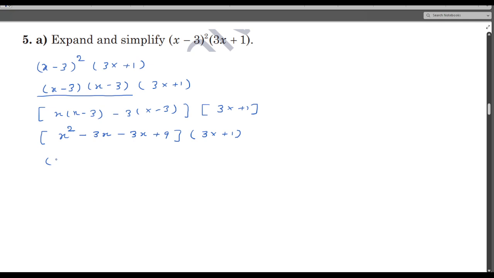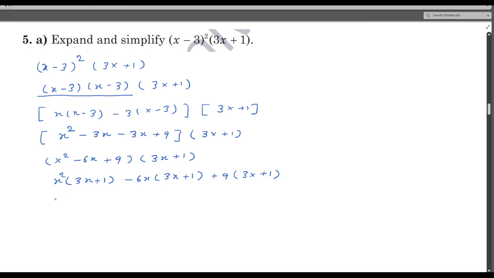So here it is x square minus 6x plus 9 times 3x plus 1. So this x square I will multiply by 3x plus 1, then this minus 6x will multiply by 3x plus 1, and then plus 9 will multiply by 3x plus 1.